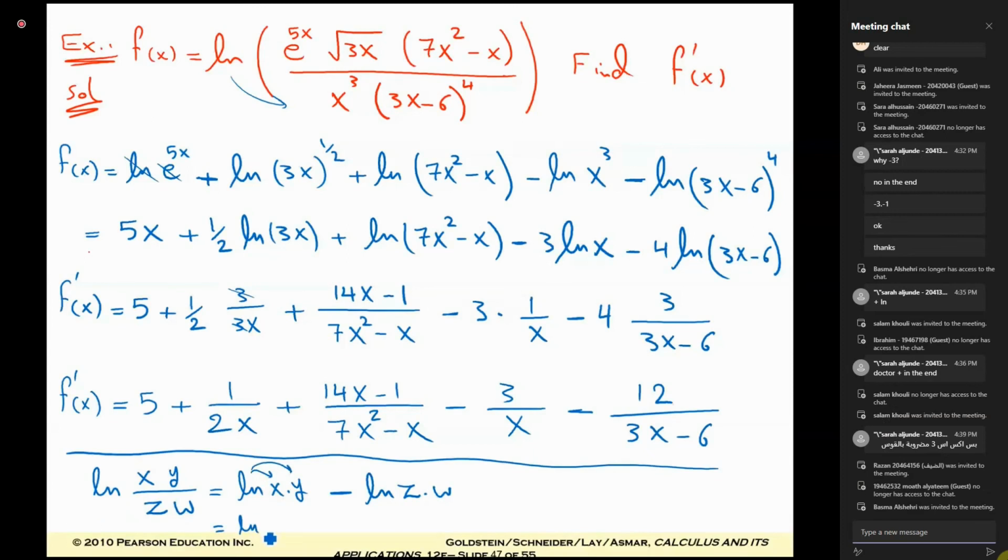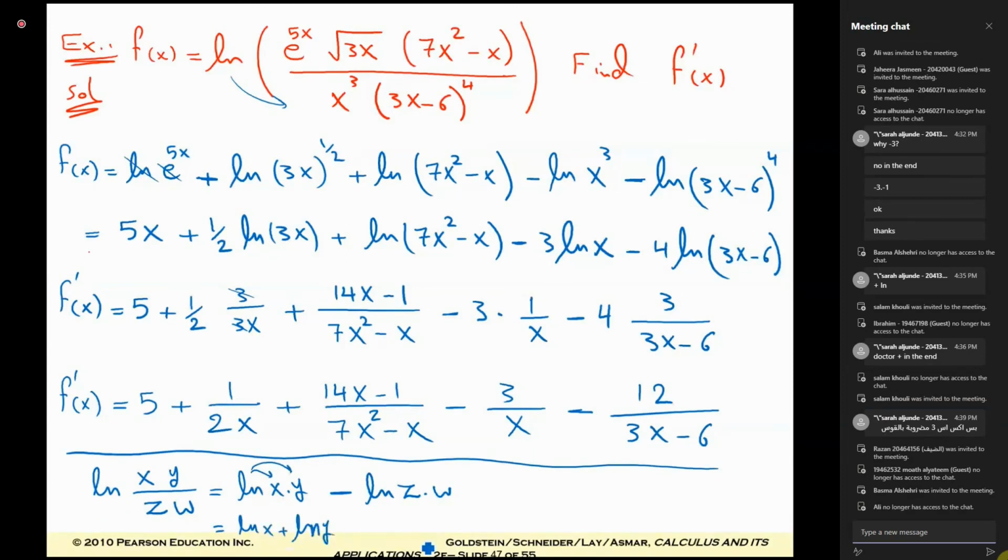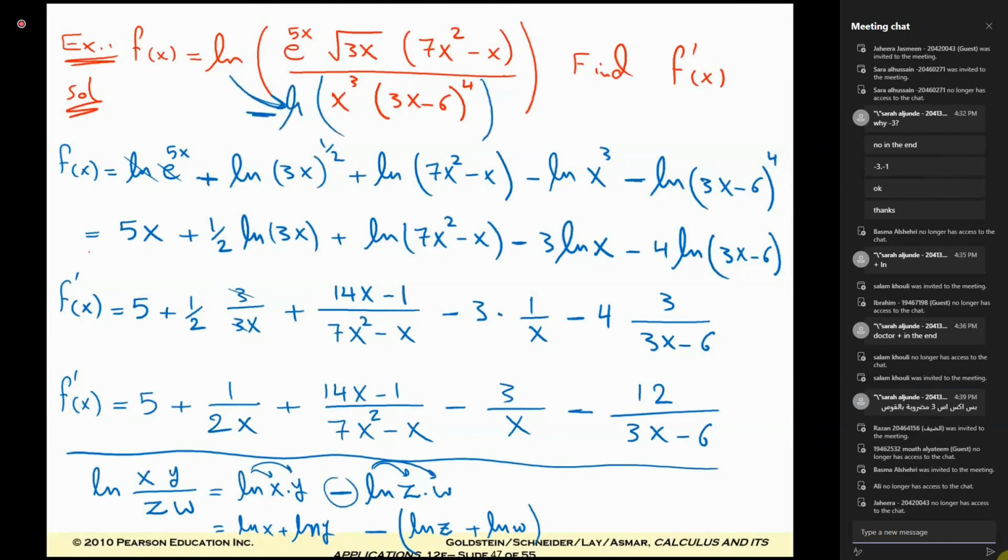Now we can distribute the ln on the product. So we have ln x plus ln y. In a product put plus. Now minus ln z plus ln w, but this is inside the brackets because this is the negative for the ln of z multiply w. The negative when distributed here is negative ln for all of these.